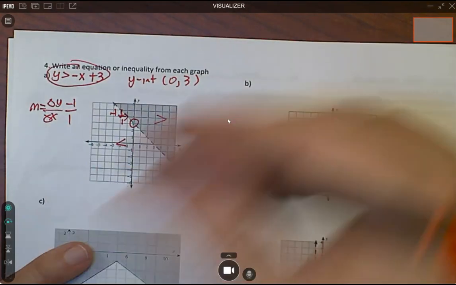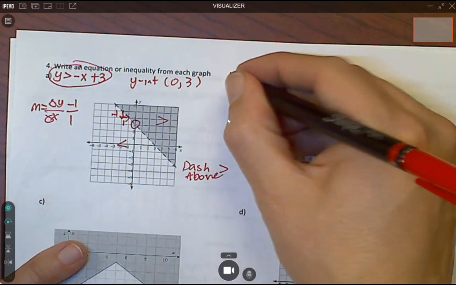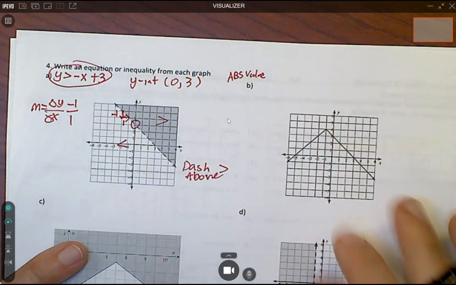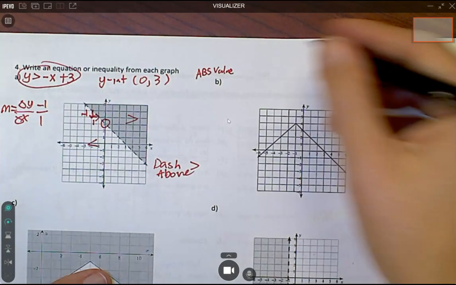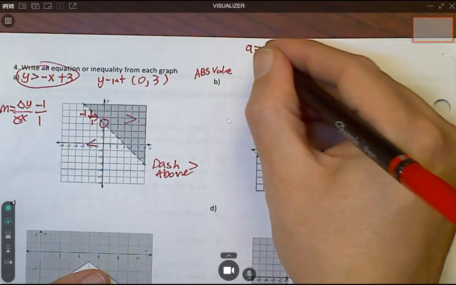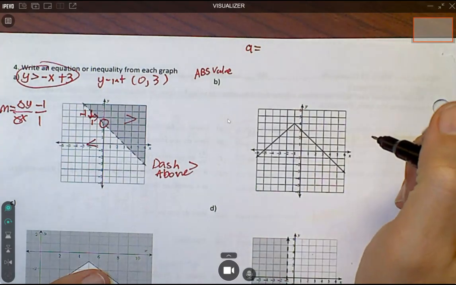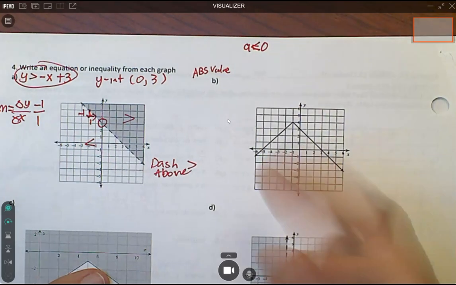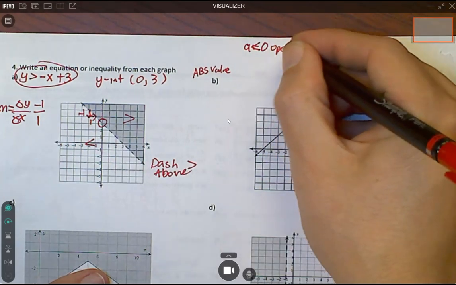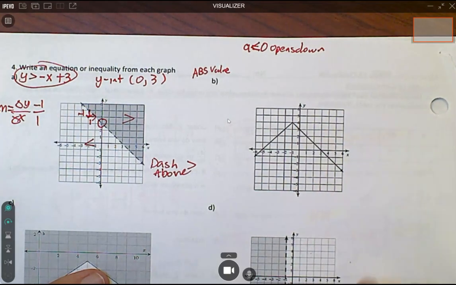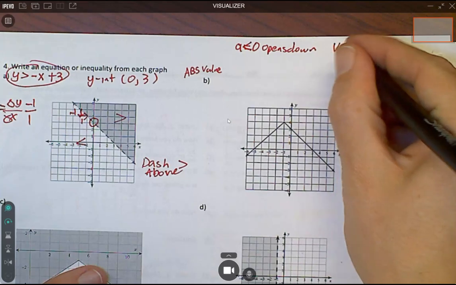Okay. This is absolute value. So what do we need? What are some key points here? Okay, A is less than 0 because it opens down. So that means A is going to be less than 0. We need to find the vertex.